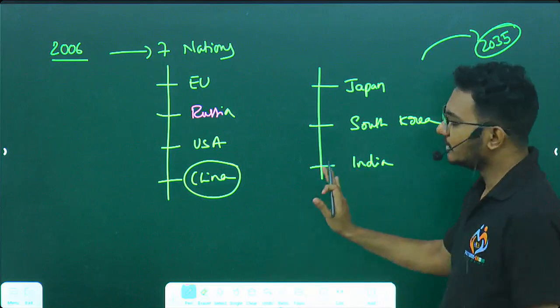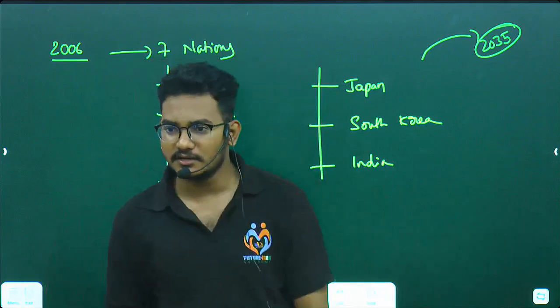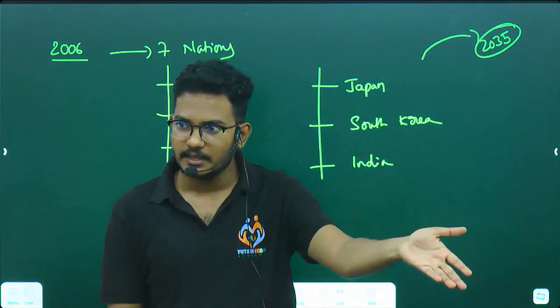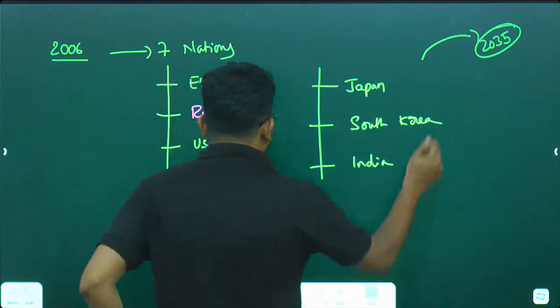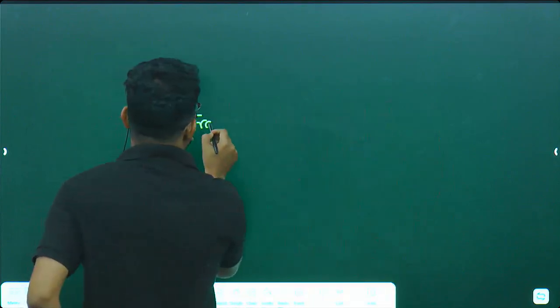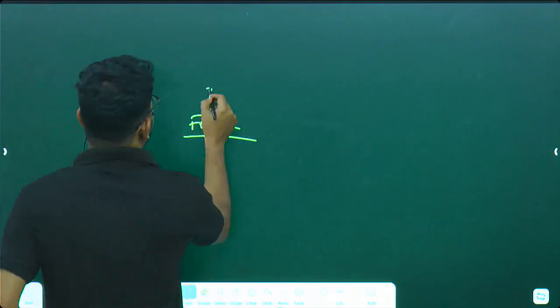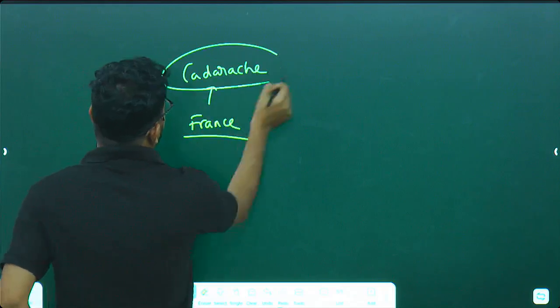Now they have allocated some of the tasks to each country. All the 7 countries work individually first. Next, all the countries will gather in a place in France called Cadarache.